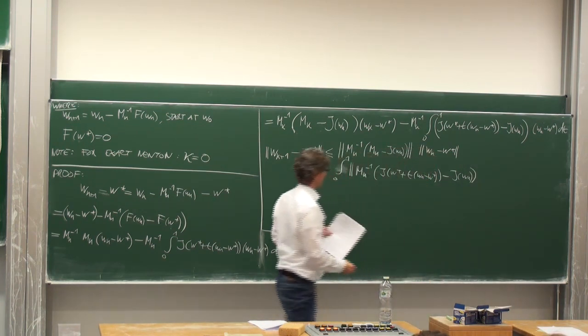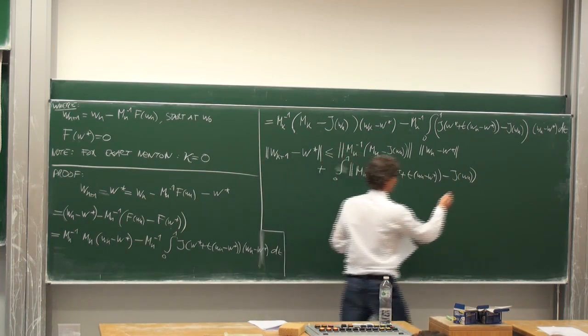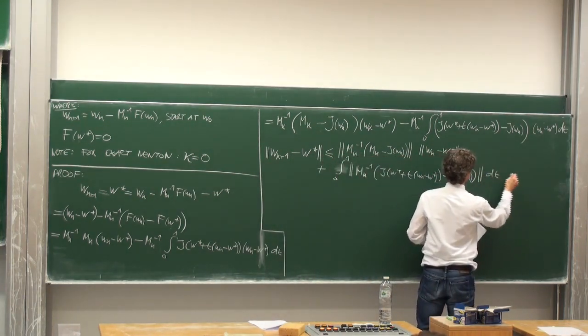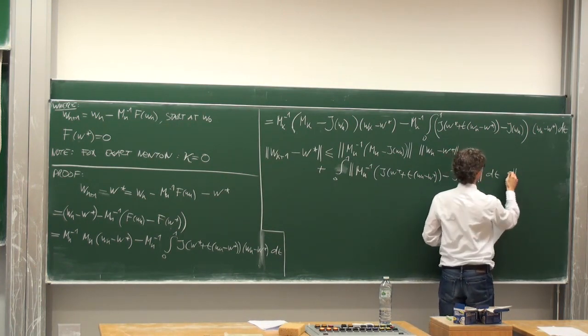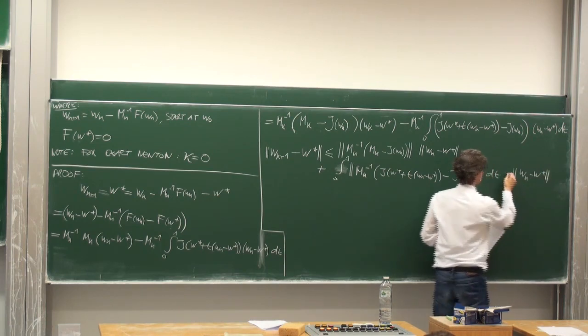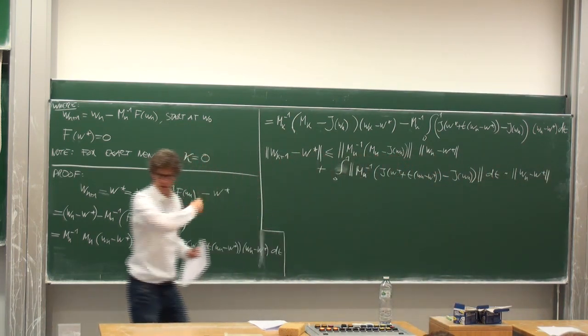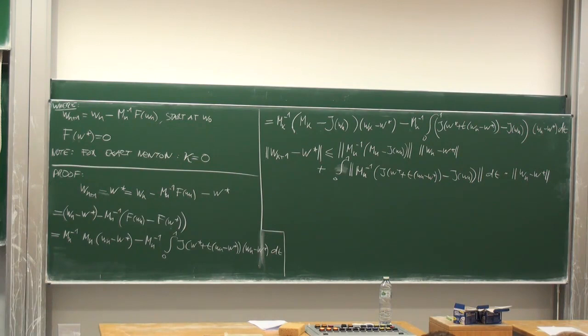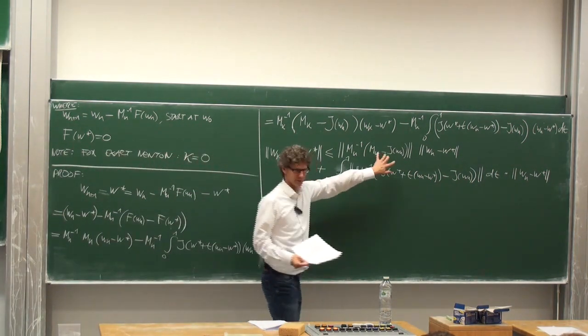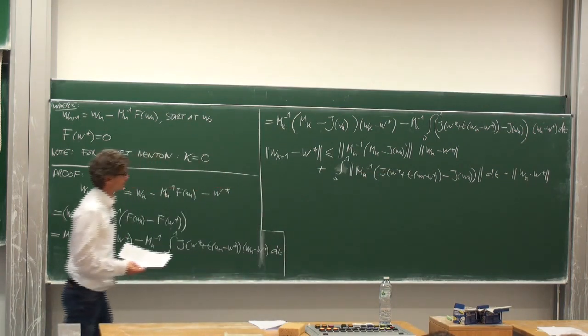I take the norm of this because that's something I can bound later, right? And then this is dt, and I pull out this whole norm at the end, wk minus w star. Until now, I hope you agree. I just took the norm of everything, and I used the fact that I have compatible metrics and vector norms.